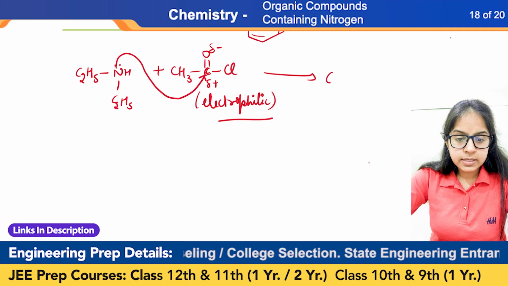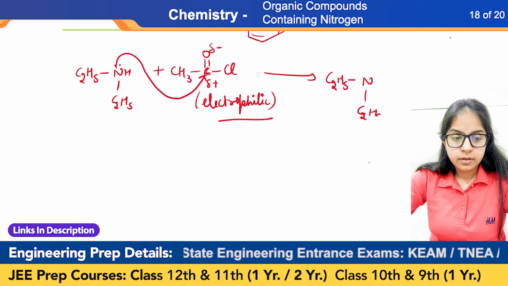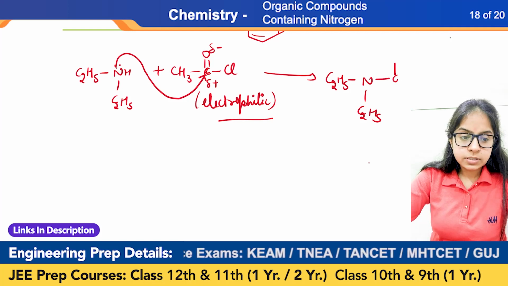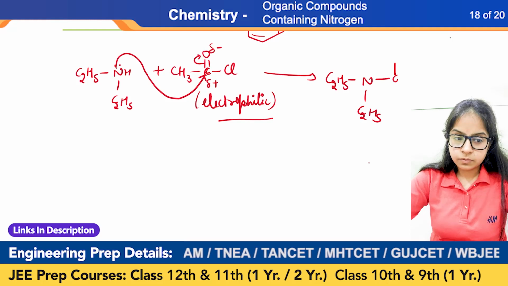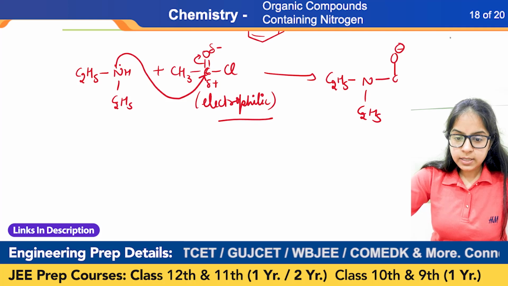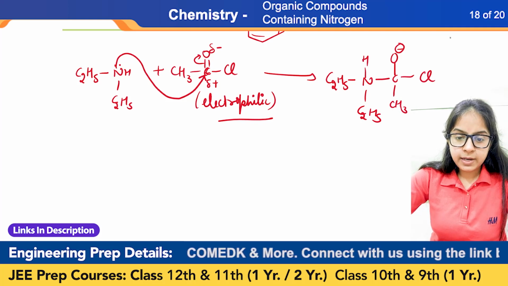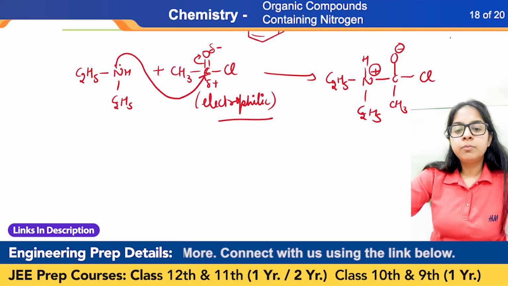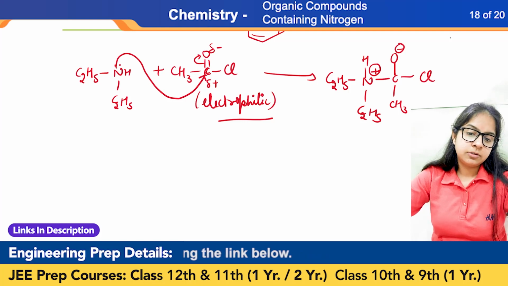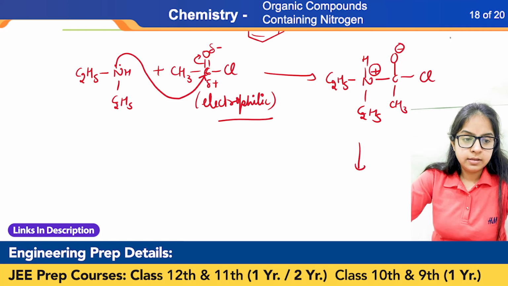Now, carbon cannot have 5 bonds, so this bond is going to delocalize over oxygen. Nitrogen will have a positive charge because it has formed a bond by donating electrons to this carbon.